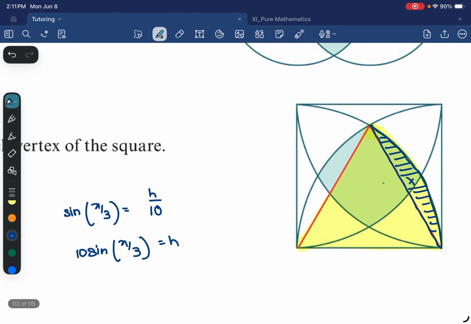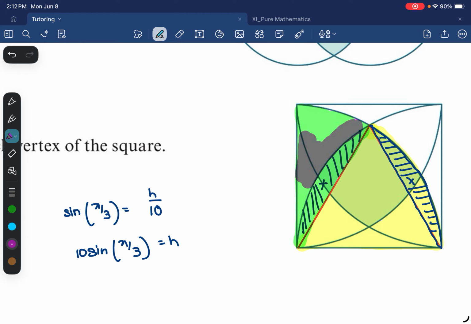Now, if this is X, this part is also X, right? By symmetry, because it's a symmetrical situation on either side. Now is the key moment, the eureka moment. I know the area of the green sector. If I do area of the green sector minus X, I am going to get the area of this purple part.